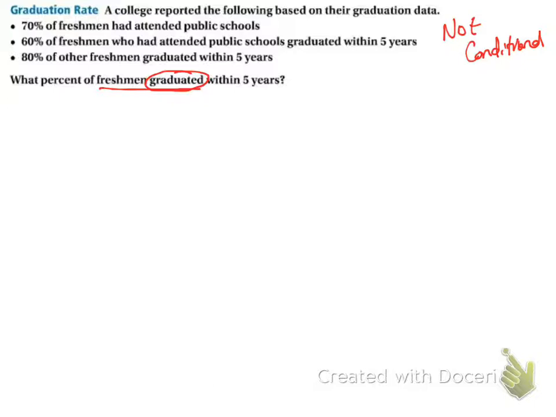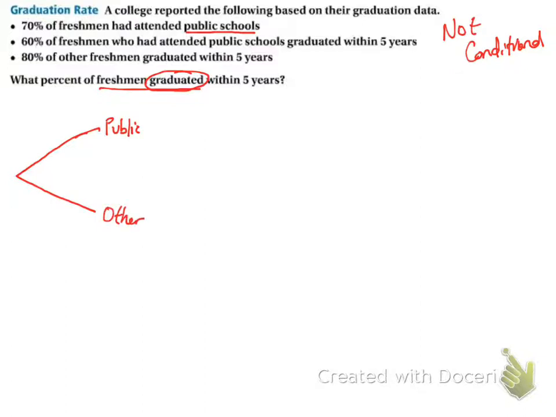So, you know, they tell me 80% graduated, 60% attended public school, graduated. 70% of freshmen attended a public school. So I'm going to start with public school. So I'm going to actually break this up into two different columns, or two different kind of branches. So if the person went to public school, or if they went to something else.